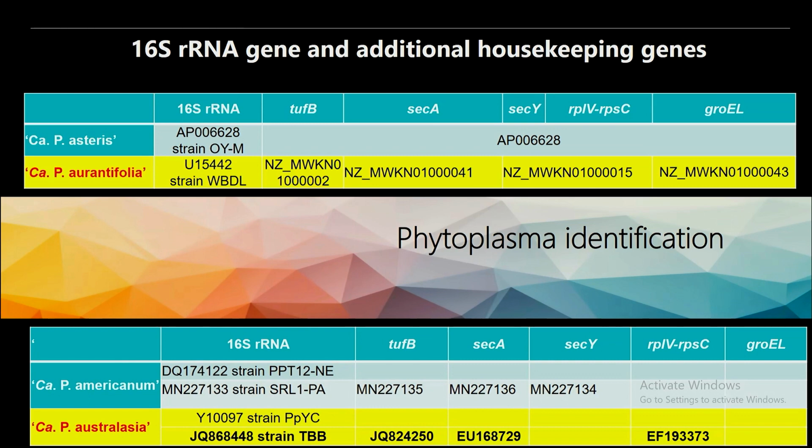The important thing is the comparison with the aurantifolia described initially. Otherwise we get lost. Also, when you write a paper, use the strain that is the Candidatus originally described as comparison. Otherwise, everything can be not clear or not correct.